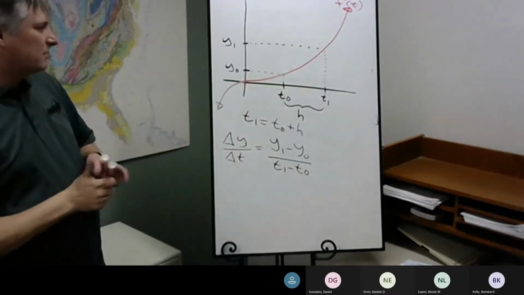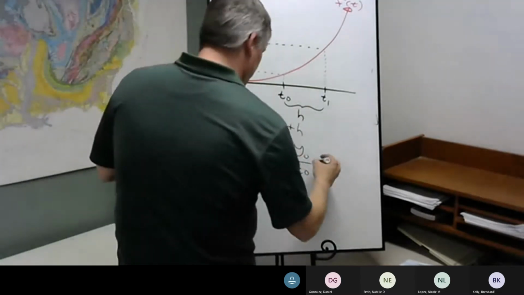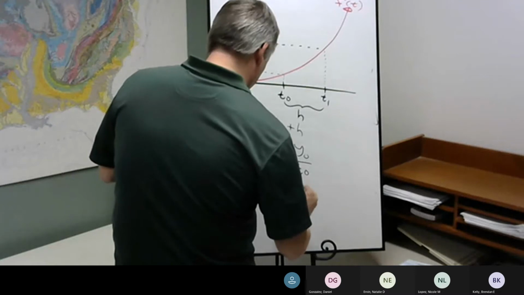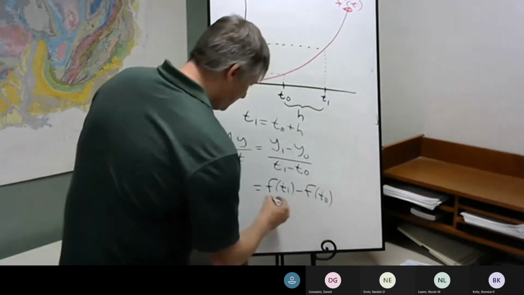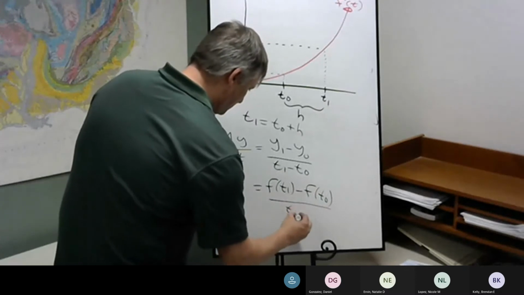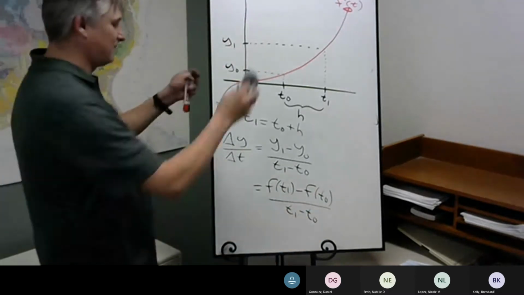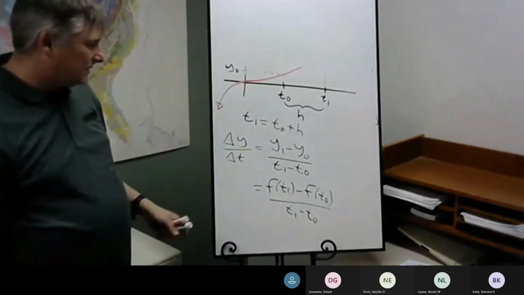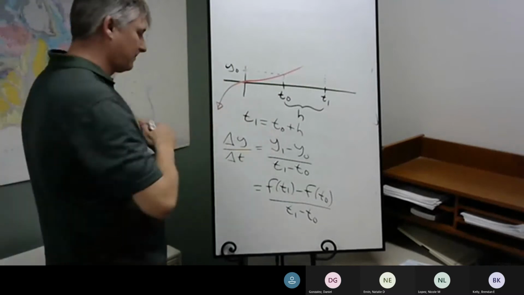So y1 is f at t1, and y0 is f at t0. So let's make this replacement. t1 is t0 plus h.